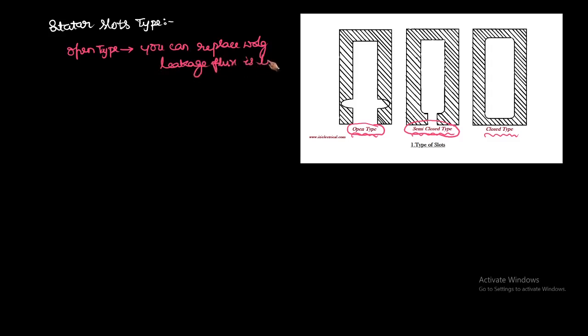Normally we use the open type of slots, and in some other cases the semi closed type. In most cases we use the open type because, first, you can replace the winding very easily whenever there is any damage, and the leakage flux is also less. That is why we normally use the open type of slots in the stator.